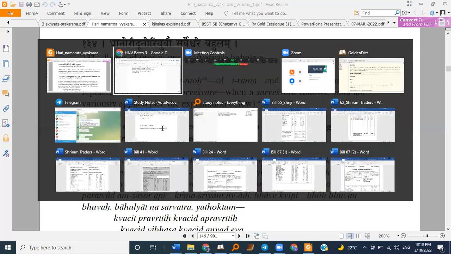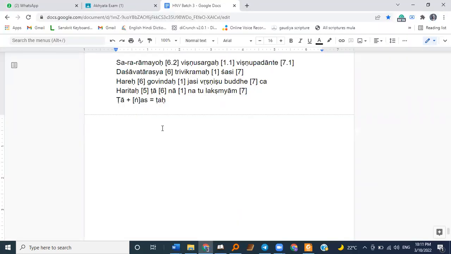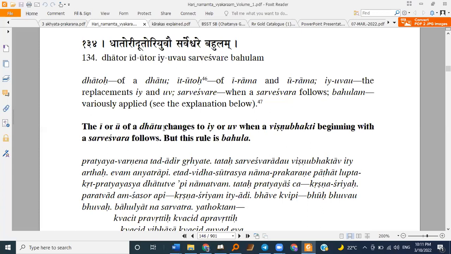Like your name Vijaya, that is Vi Purvak Ji Dhatu, Jijay, and then the Pratyaya, and it becomes Vijaya. So the E or U of a dhatu changes to E or U when a Vishnu Bhakti beginning with the Sarveshwara follows, but this rule is Bahulam.